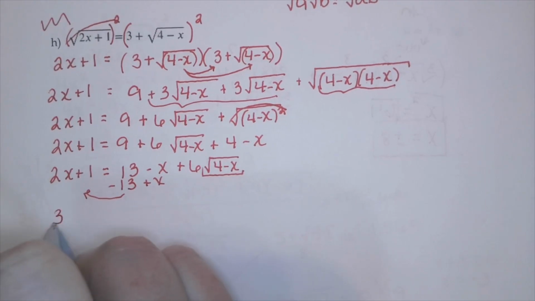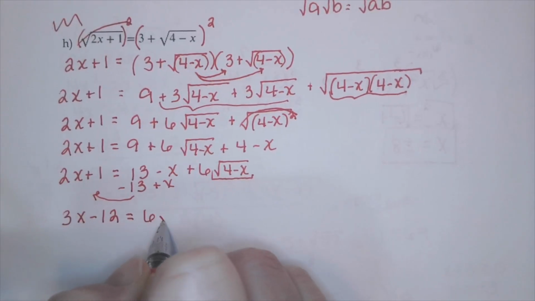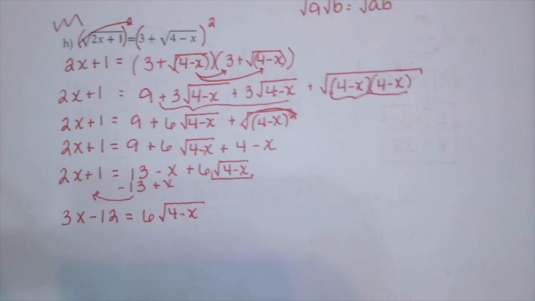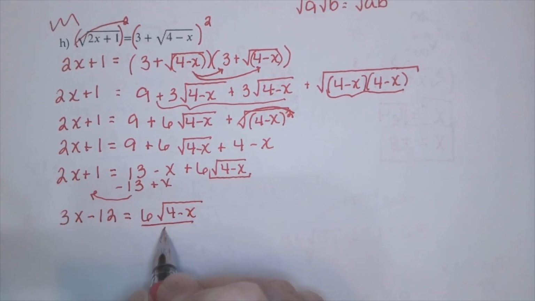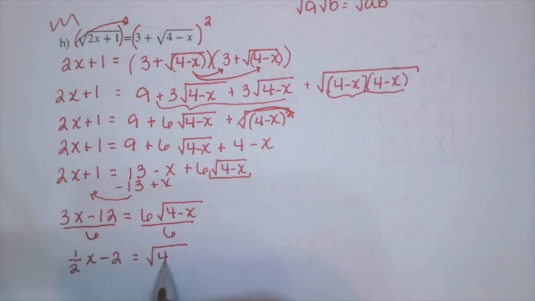I now have 3x minus 12 equal to 6 times the square root of 4 minus x. I can divide both sides by 6, although it kind of will be weird because I'll have fractions, it won't be too big of a deal because it's a nice fraction. Half x minus 2 is the square root of 4 minus x.